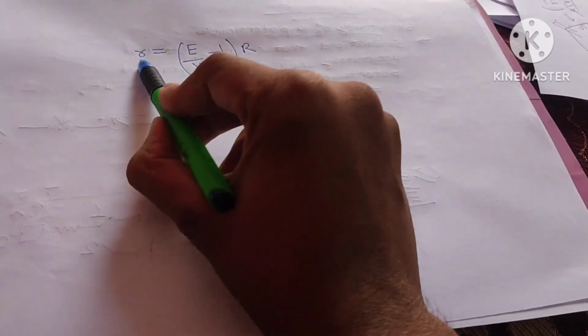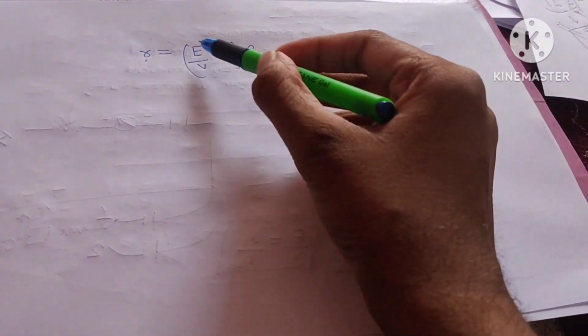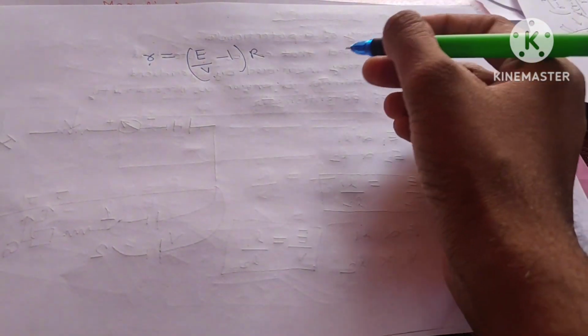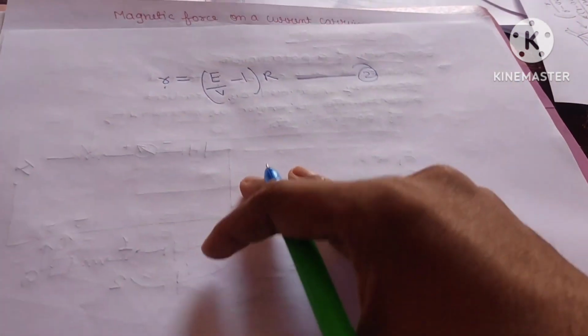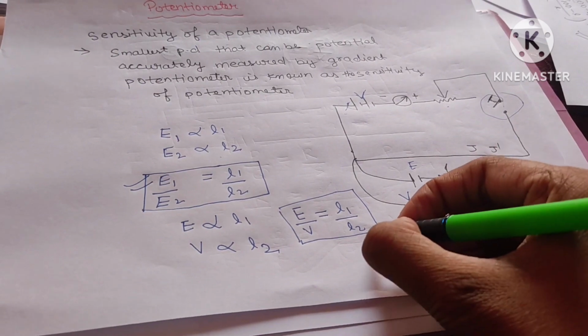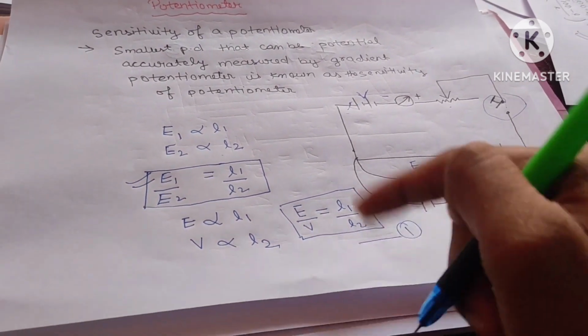This is the internal resistance, this is the resistance, this is the EMF, and this is the V. So from the previous equations, take this as equation 2 and this as equation 1.